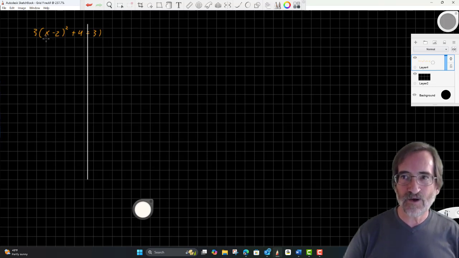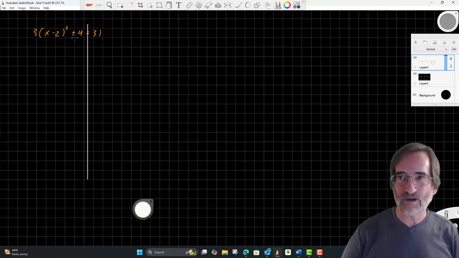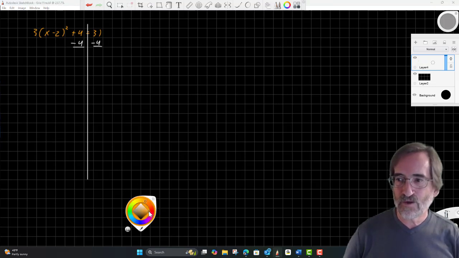This is a variable x minus 2 quantity squared times 3 plus 4. Plus 4 was the last thing on the pile, the dog pile, so we're going to undo the plus 4 first. The opposite of plus 4 is minus 4. Minus 4 to both sides, balance. 31 minus 4 is 27.